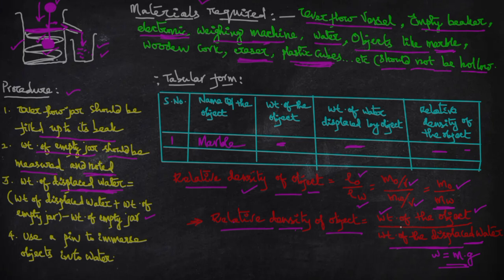If you get a relative density of more than 1, then that object sinks in the water. If the relative density is less than 1, then the object will float on the water.